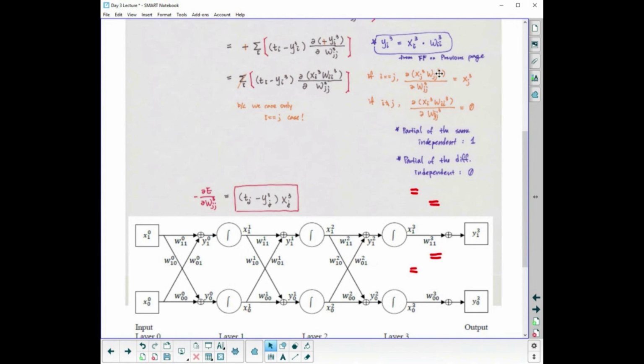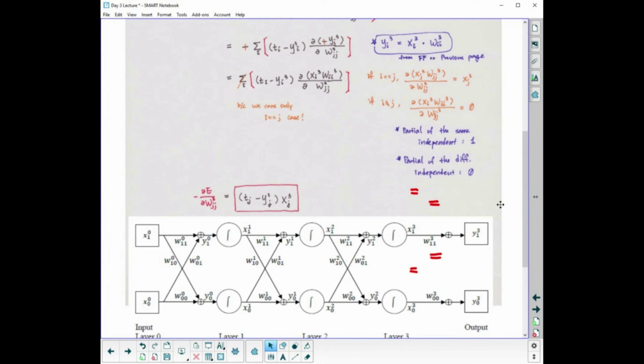But when you have the same thing, weight JJ layer 3 with respect to weight JJ layer 3, that is the same thing, so it is 1. So you can simplify it as xj layer 3. Instead of the whole partial, you can just write xj layer 3.